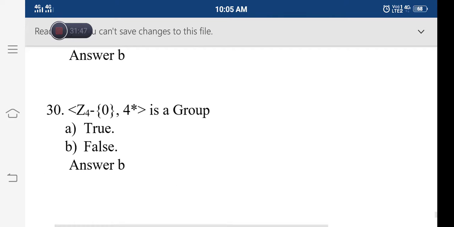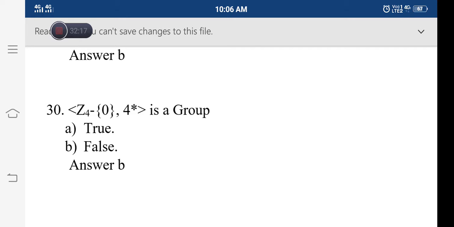Then the final question. Z4 minus 0, 4 star is a group. The answer is false. When you are subtracting the value of 0 from the given group, the order of the group, the number of elements for the given group, is 4, which is not a prime number.